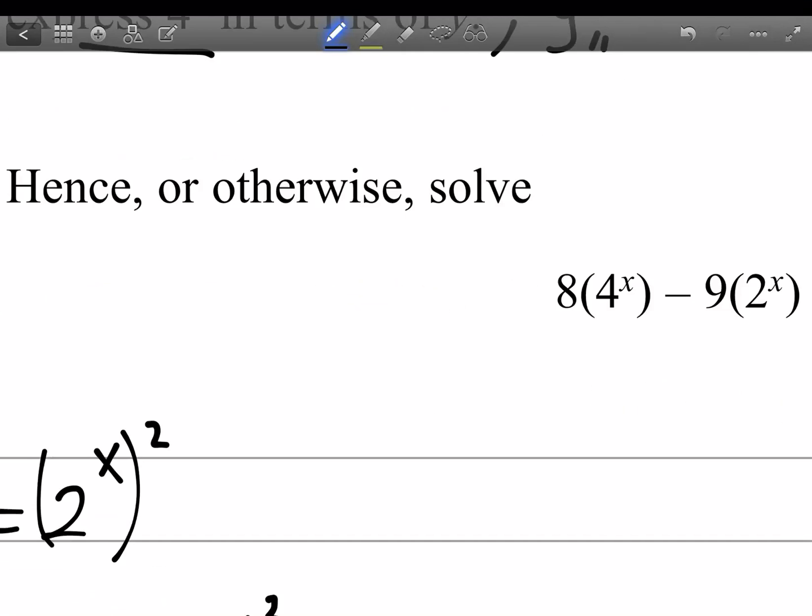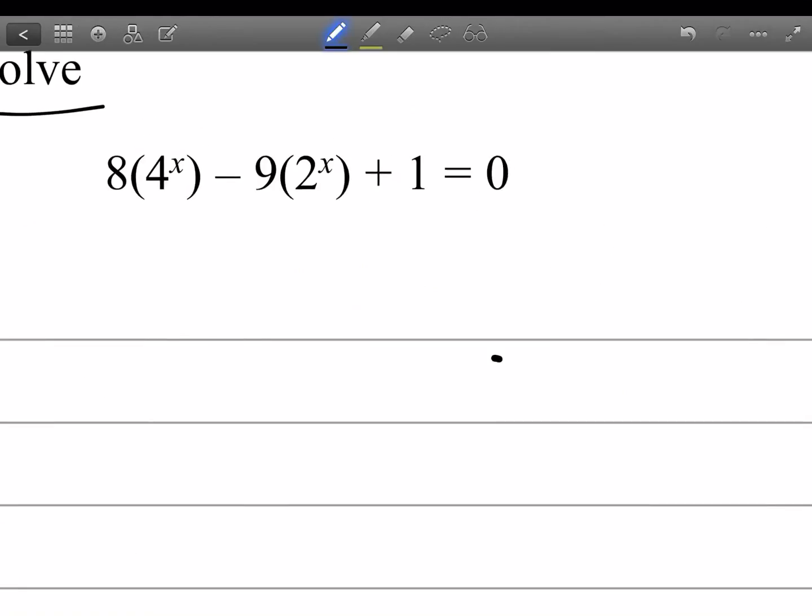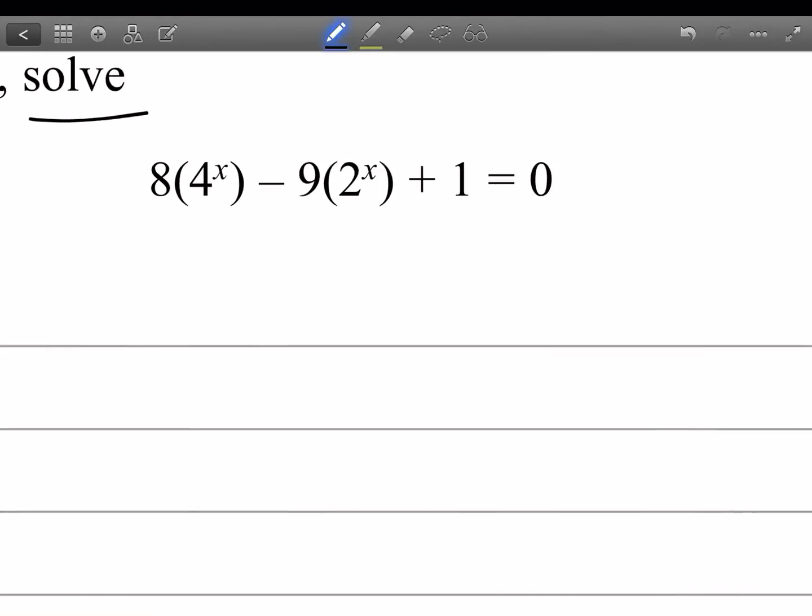Really easy. So this one is also super easy. Let's say 2 to the power x will be y. Then 4 to the power x should be y squared, right? Because if 2 to the power of x is y, then 4 to the power of x will be y squared.